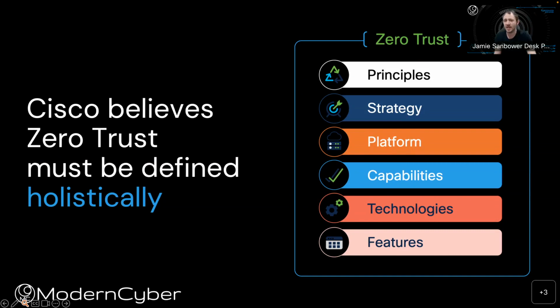A good example of that is starting with principles, influencing the strategy for the organization, defining what your Zero Trust platform is going to look like, and defining capabilities, technologies, and features to enable those principles and strategy. Let's take a couple moments to go through that in more detail.